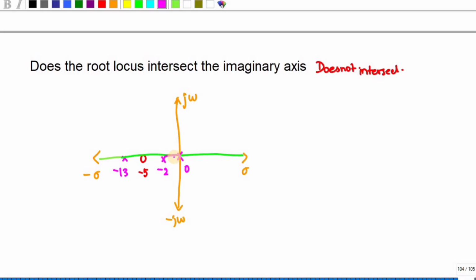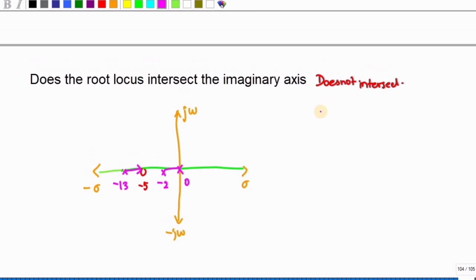If I start from minus 5, on the left hand side I have 2 poles, so it is even, so there is no root locus between minus 5 and minus 2. Between minus 13 and minus 5, I have an odd number of poles, so a root locus exists there. I can draw it like this.